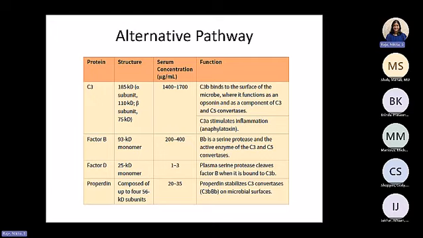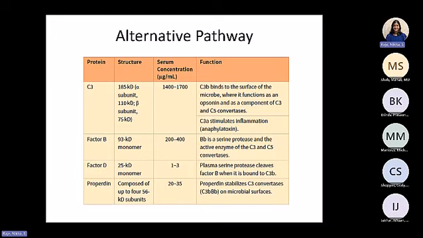So that's your factor B. Factor D is a plasma serine protease that cleaves factor B when it is bound to C3b. So when factor B gets bound to C3b, D can come along and cleave factor B so that it forms that factor B fragment.